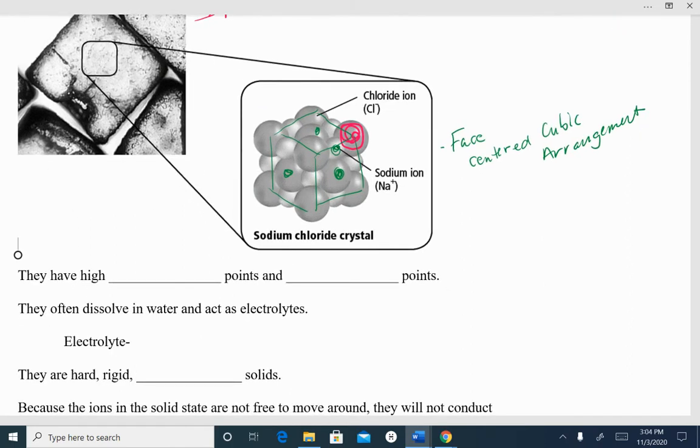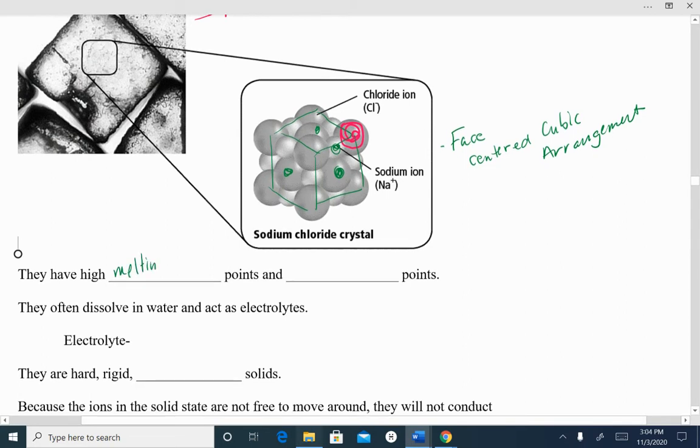Ionic compounds have high melting points and high boiling points. Now, just to give you an example of how high melting points and boiling points are on ionic compounds, if I threw a handful of salt into a frying pan on the stove and I tried to melt it, the pan would melt first.